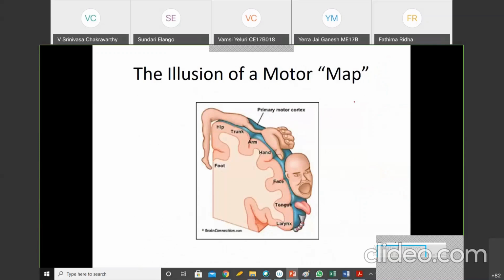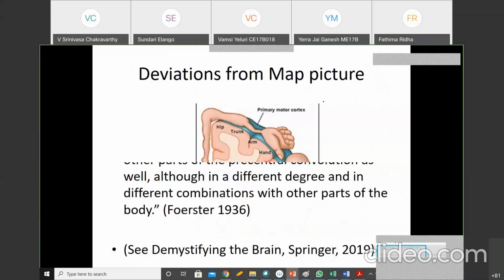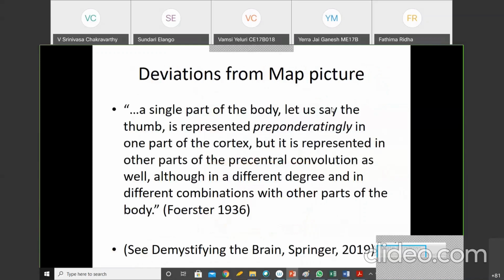Similarly, even in case of motor map, it is not that simple as what we have seen before. Some of this data has been known for almost a century now. This is a paper by Forster, 1936. Forster wrote just about the time when Penfield was doing his seminal experiments on brain mapping.